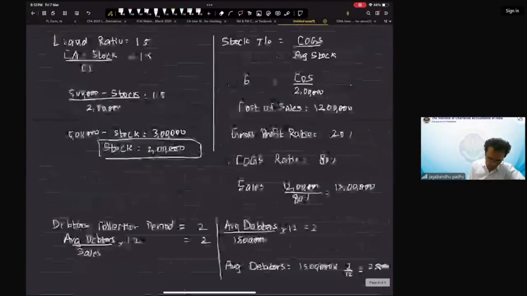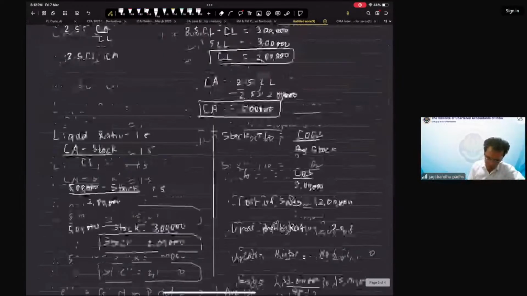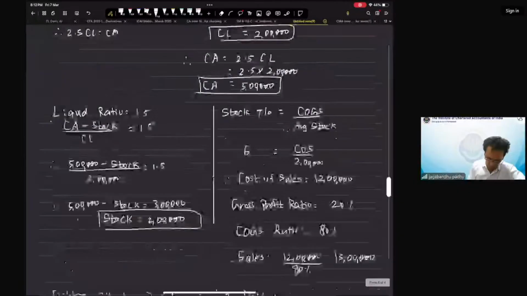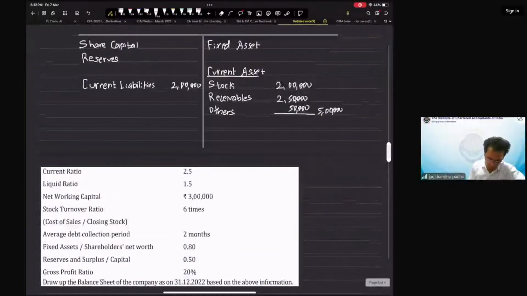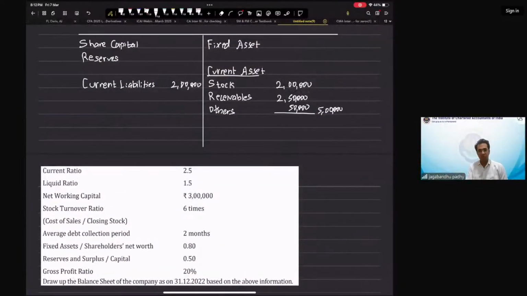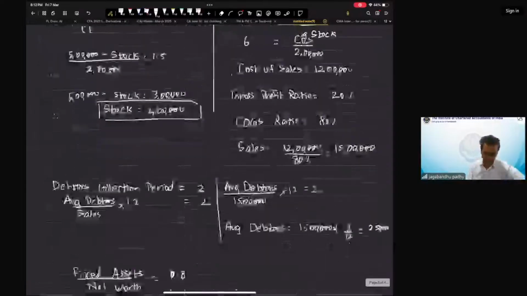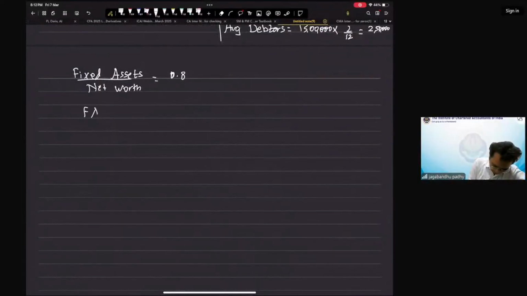So how much is going to be the fixed asset? We don't know, sir. Net worth also we don't have any idea, because there also we have share capital and reserves, no difference numbers. Fixed asset upon net worth, so I can simply say that fixed asset is 0.8 times of net worth.